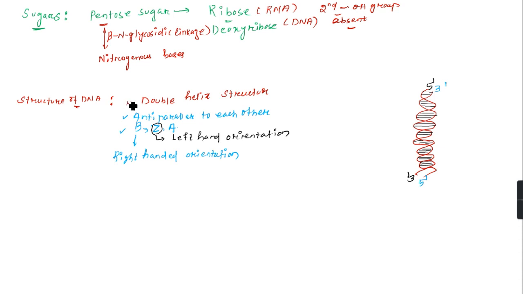The double helix DNA structure was proposed by Watson and Crick.